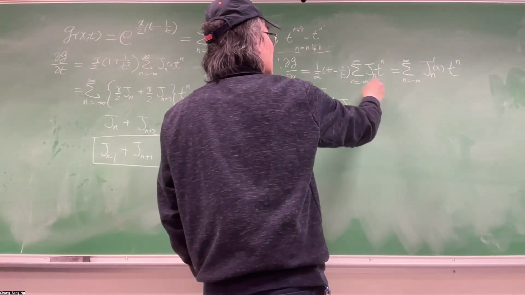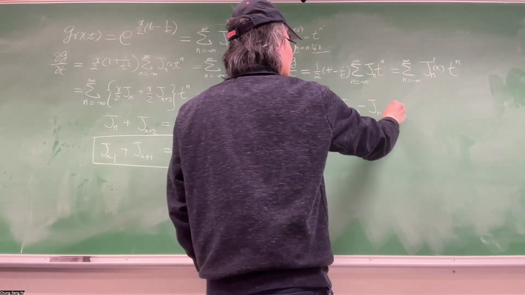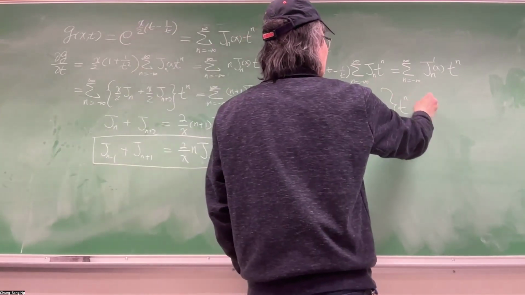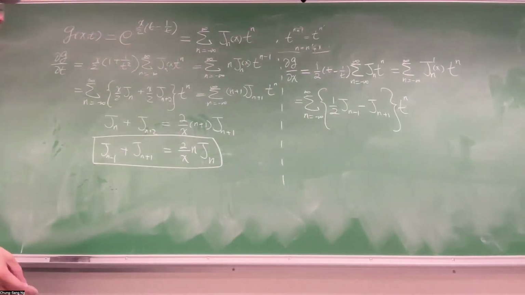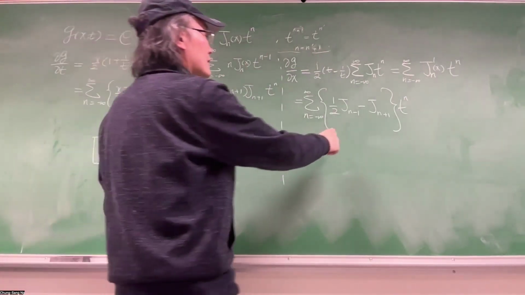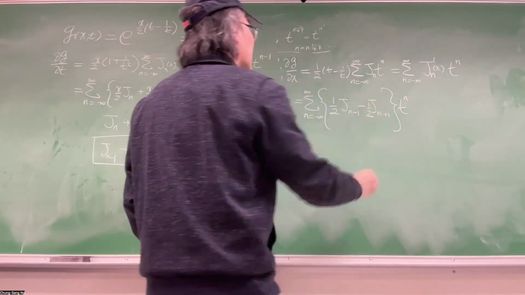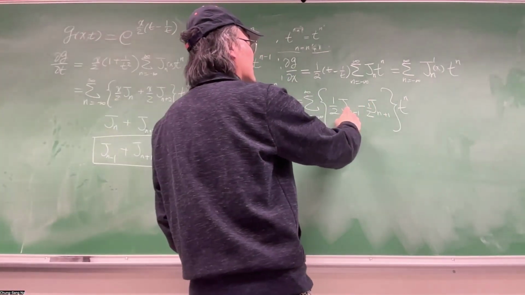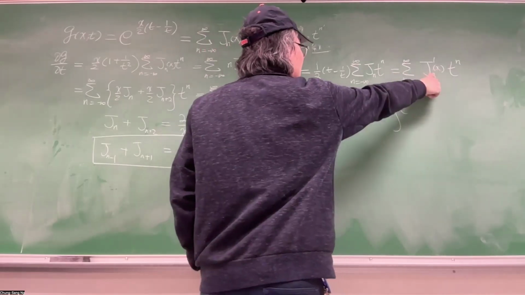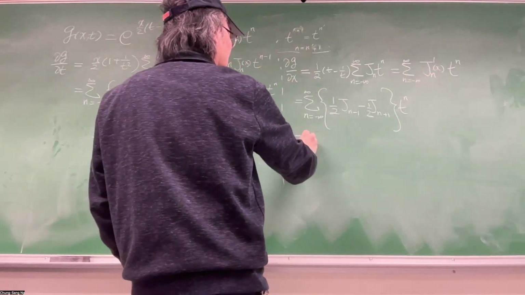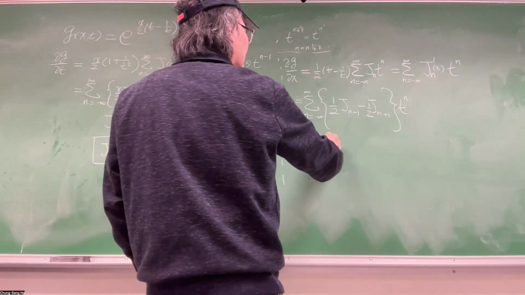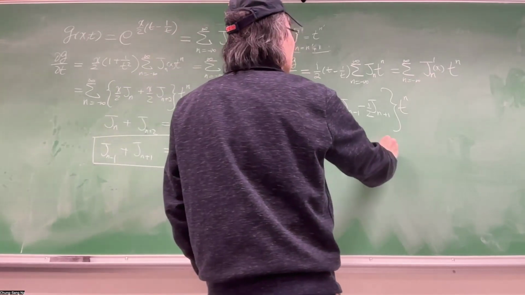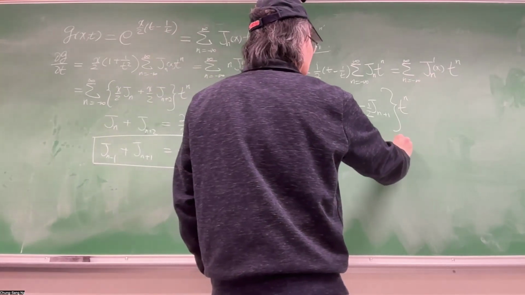So minus J n plus 1, and then t to the power n, and equals the right-hand side, which also has a 1/2 factor here. Okay, so that is actually easy. This one compared with this one, this equals this one, which means J n minus 1 minus J n plus 1 equals 2 J n prime.